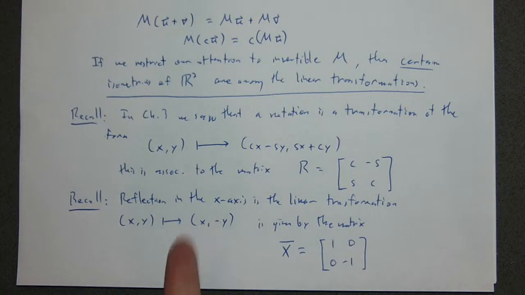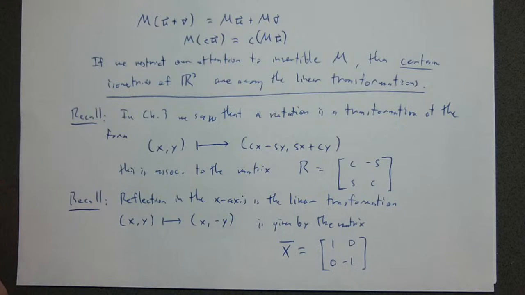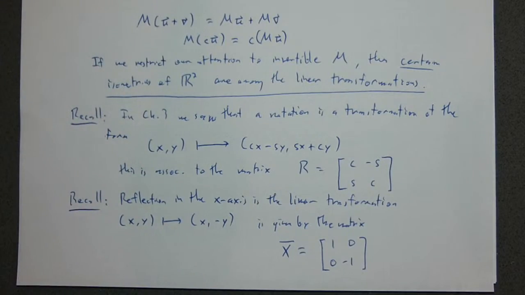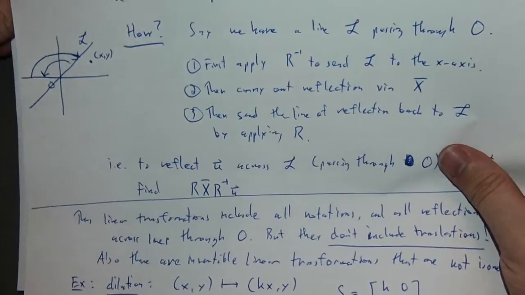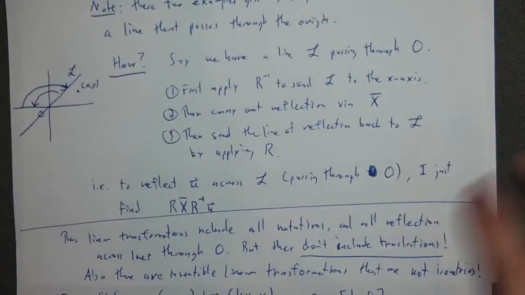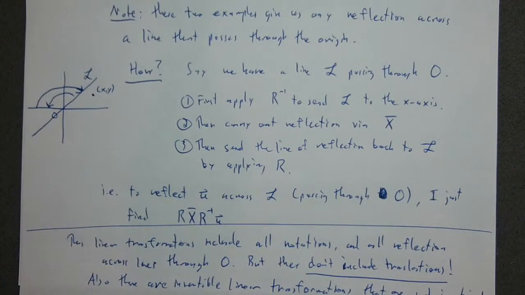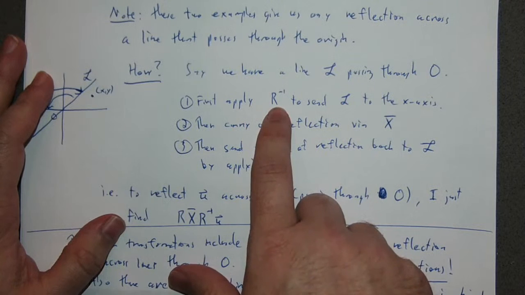So reflection in the coordinate axes is really easy, but we can combine rotation and reflection to yield reflection across any line that passes through the origin. We saw this process last time. Here was what you do. If you want to get reflection about any generic line passing through the origin, you first multiply by R inverse.